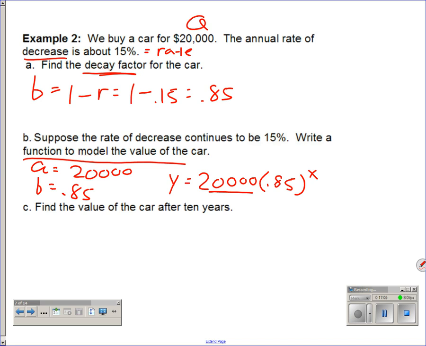Just going down 15%. All right, find the value of the car after 10 years. What do we do? Plug in 10 for x. X represents time, right? So that's just 20,000 times 0.85 to the 10. 39 something. 37.